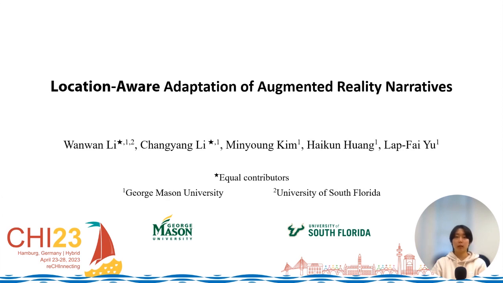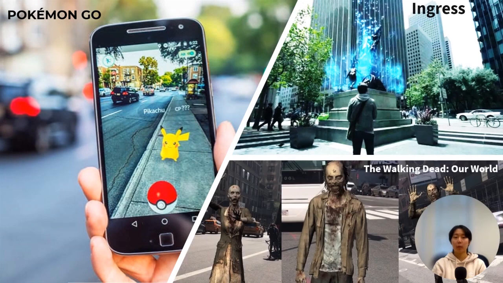Today, we'd like to present our paper, Location-Aware Adaptation of Augmented Reality Narrative. The recent popularity of augmented reality devices has enabled players to participate in interactive narrative in real-world environments.